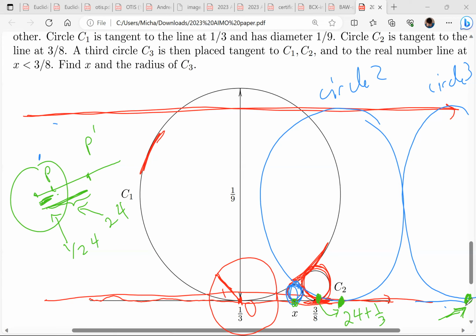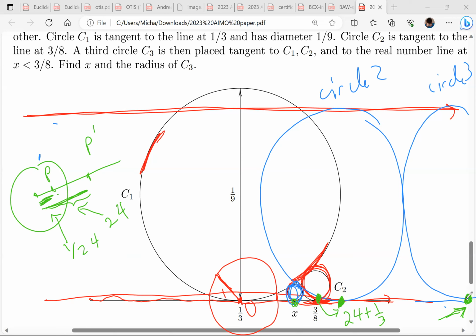I'll give you 5 more minutes. So remember, we have this point comes from this point, and it goes to 24. So then, what is this point? Is it 1 on x minus a third?